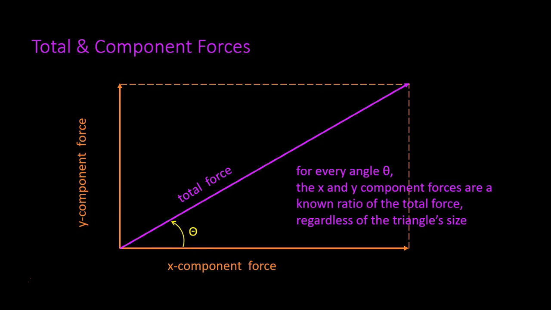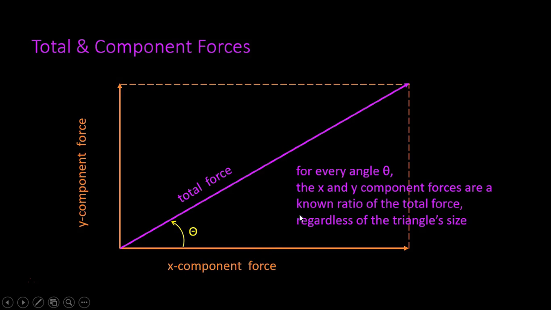Because for every angle theta, the x and y component forces are a known ratio of the total force regardless of the triangle's side. So for instance, if this total force was half as strong as shown here, the force vector might stop right here. Well, we would have a shorter or weaker y component force, and we'd also have a shorter or weaker x component force.